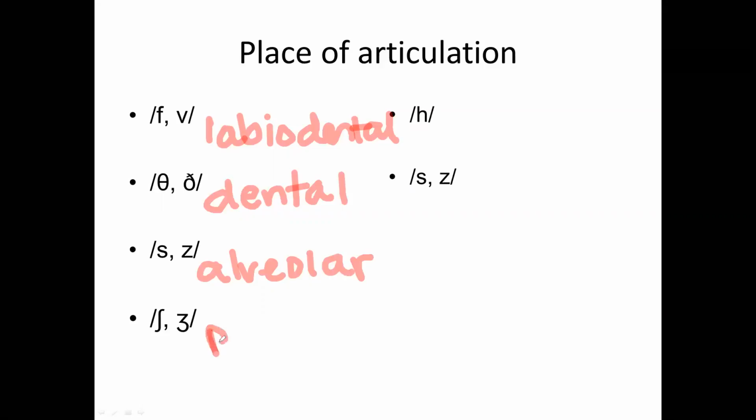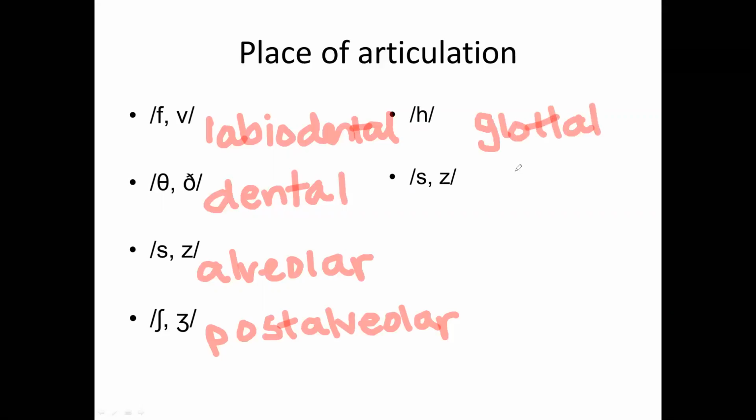And then we get to postalveolar, and our glottal sounds. And finally, even though I've given this before, I forgot to cross this off. This is just a repeat. All right, so those are all of our different places of articulation we're going to be covering here.